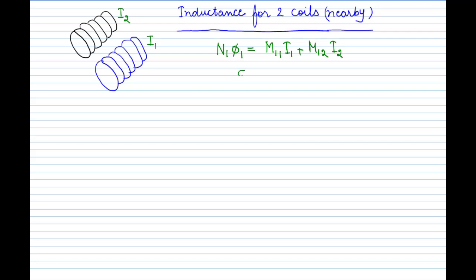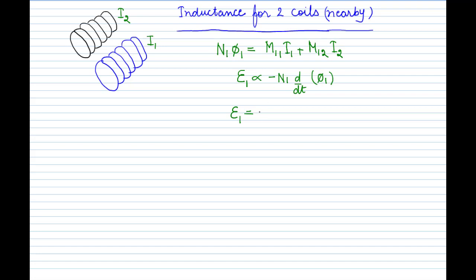Now as we know that the induced EMF is proportional to the change in magnetic flux with respect to time, and this is the induced EMF in coil 1, so we can write E1. We have the value of N1 phi1, so we have to differentiate this equation with respect to time.